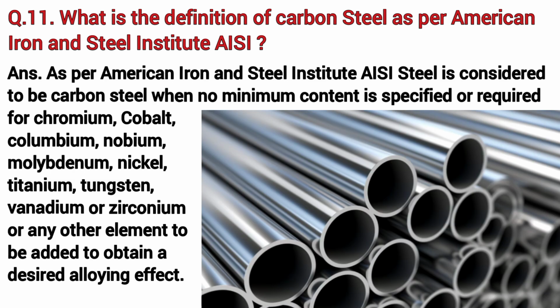As per AISI, steel is considered to be carbon steel when no minimum content is specified or required for chromium, cobalt, columbium, niobium, molybdenum, nickel, titanium, tungsten, vanadium or zirconium or any other element to be added to obtain a desired alloying effect.